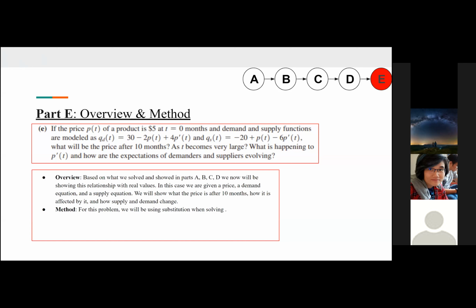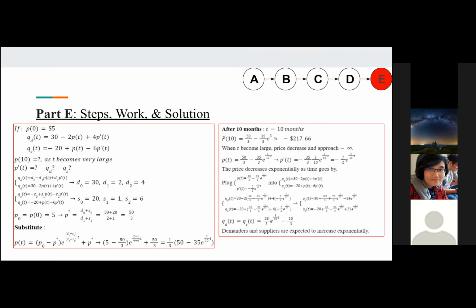In this part, we will be showing the relationship with real values. In this case, we are given a price of $5 at month 0, a demand equation and a supply equation. We will show what the price is after 10 months and how supply and demand change. For this problem, we will be using substitution.